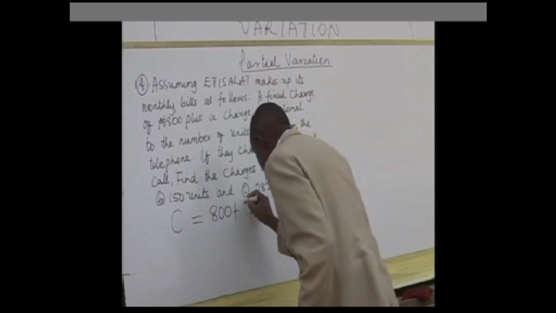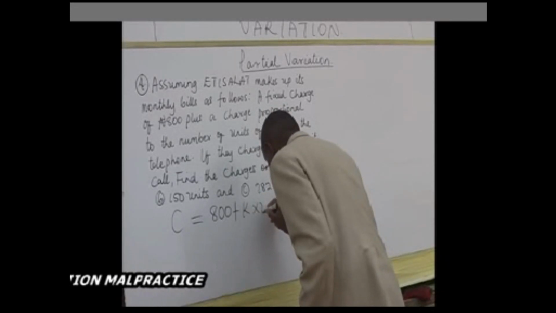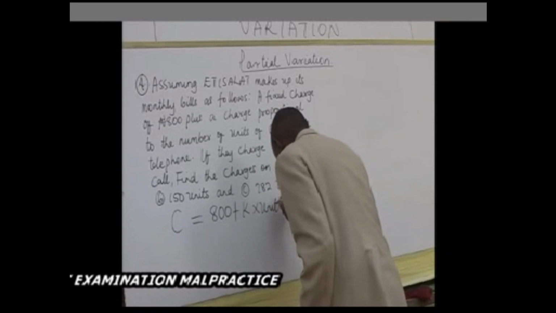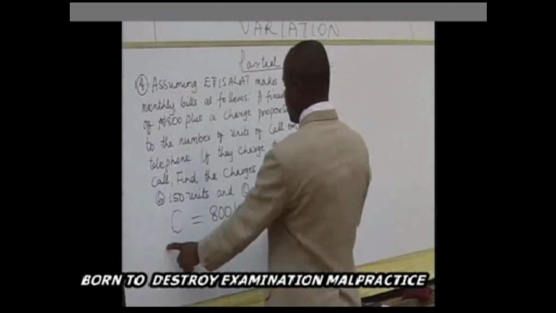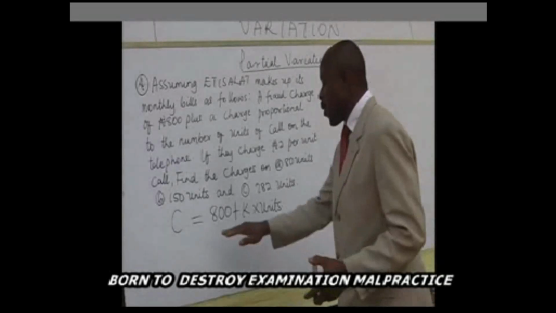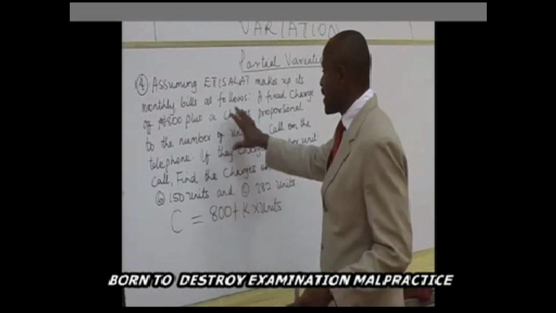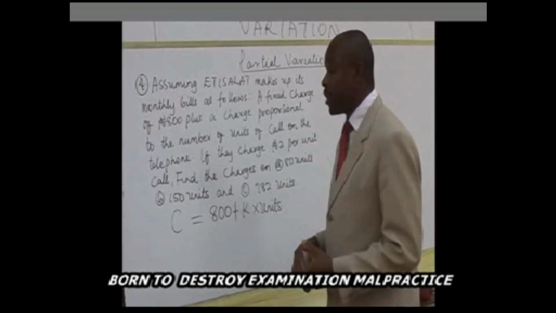Proportional to the number of units means constant times units. So this is the establishment of the equation that satisfies that pattern on which Etisalat makes up its monthly bills.